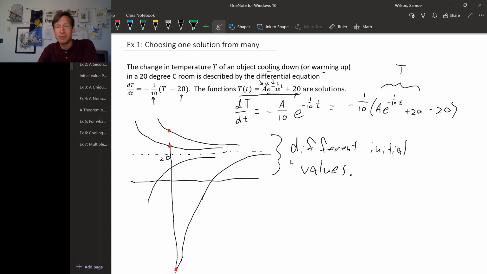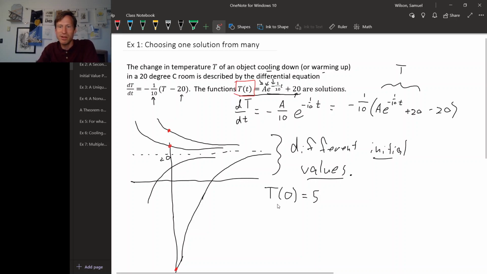So let's see what happens when we actually specify an initial value. Let's say, for example, that the object starts out at 5 degrees. That means at time 0, the temperature is 5. Okay, but look, we have a formula for capital T right up here.